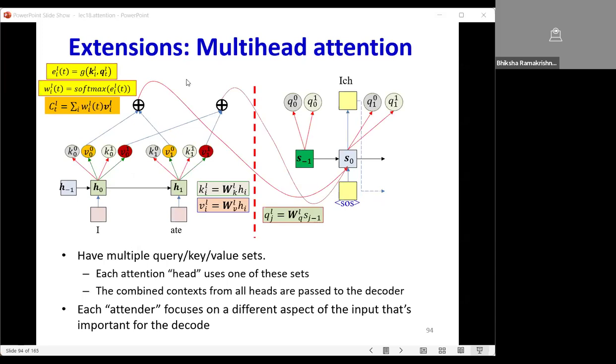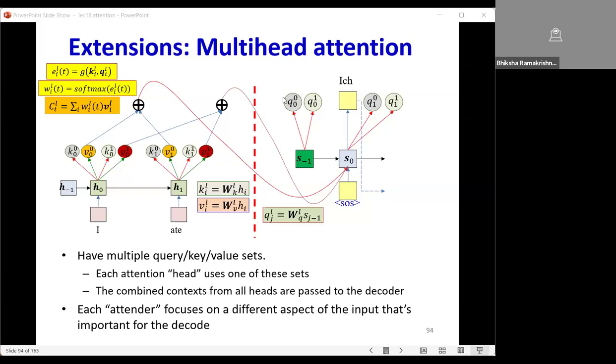And one common extension is the so-called multi-head attention. In what we just saw, we computed a key and value and used that to compute the attention, the context. But you could compute two different sets of keys and values and two different queries.